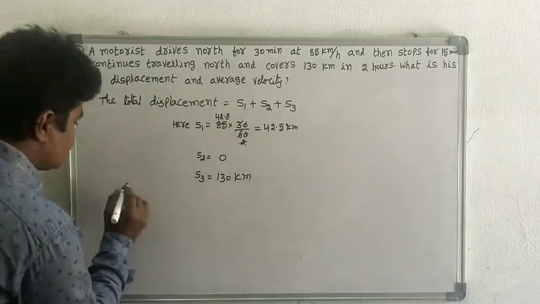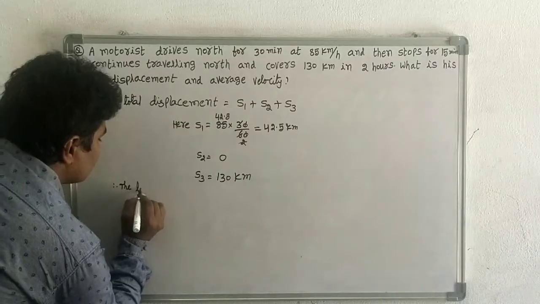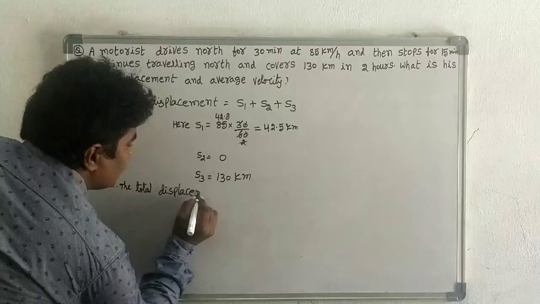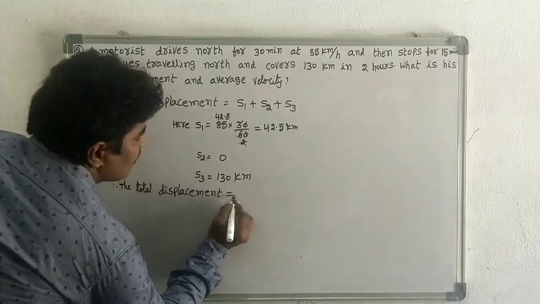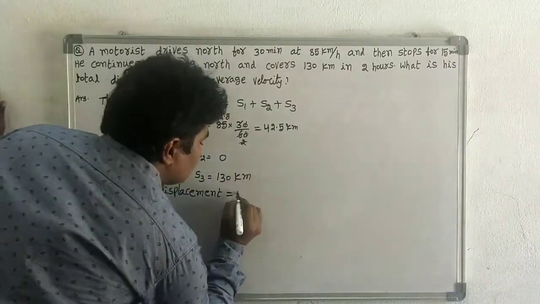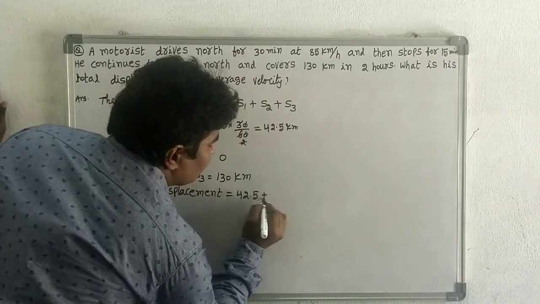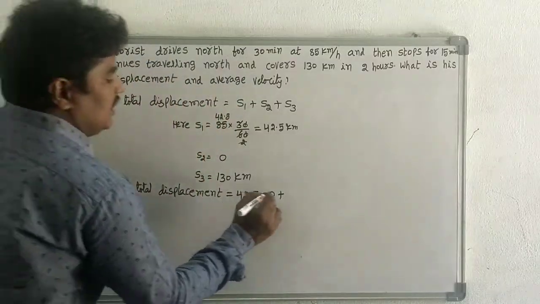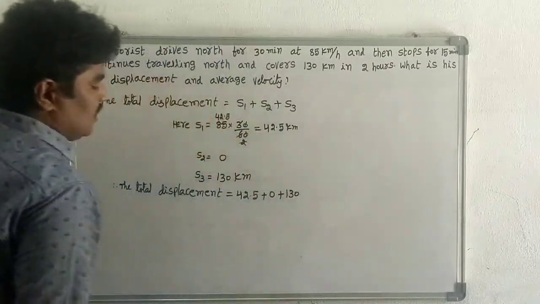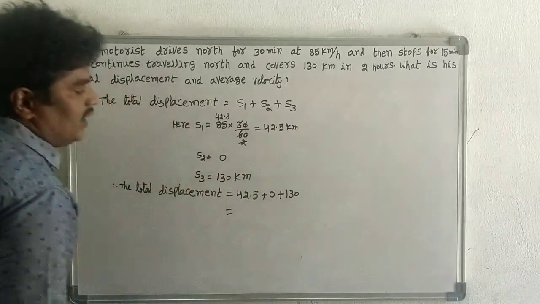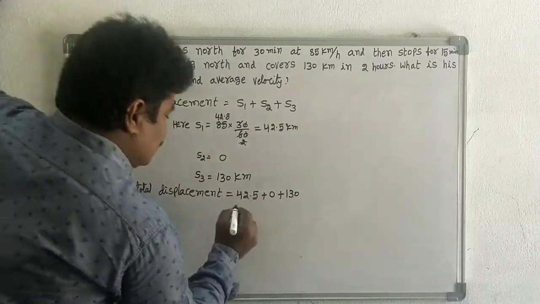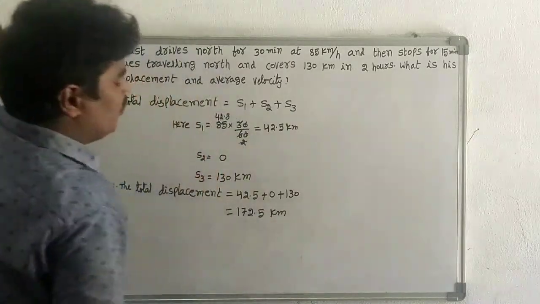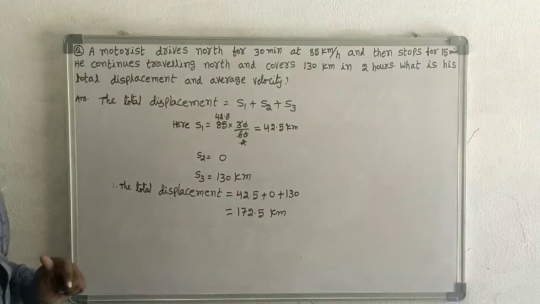Now the total displacement is equal to S1, 42.5, plus S2, 0, plus S3, 130. So finally we get 172.5 kilometers. That is the total displacement.